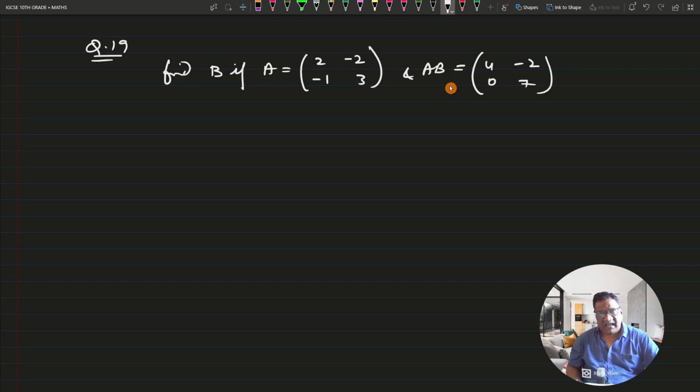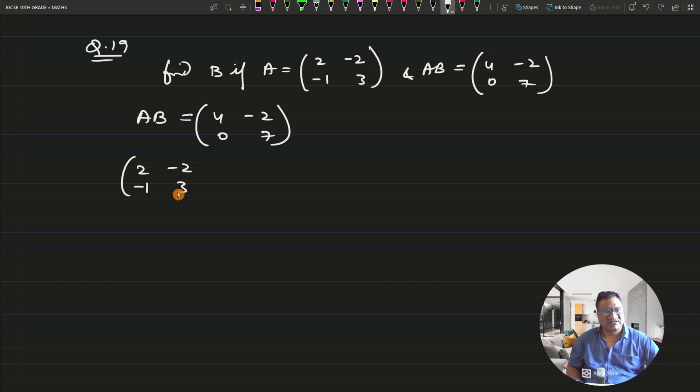Okay, now here B you have to find out if A is given to you and AB is given to you. Okay, so let us do one thing. AB is given to us as 4, minus 2, 0 and 7. Now this A is given to us as 2, minus 2, minus 1 and 3. This is your A. And this is your B.